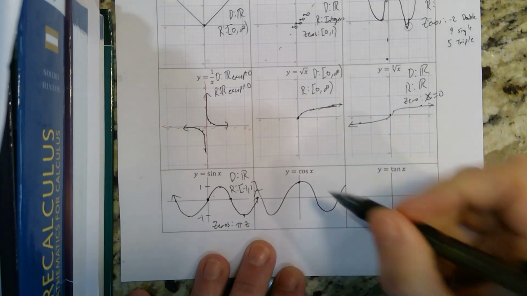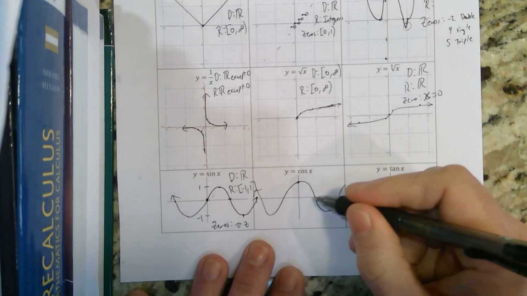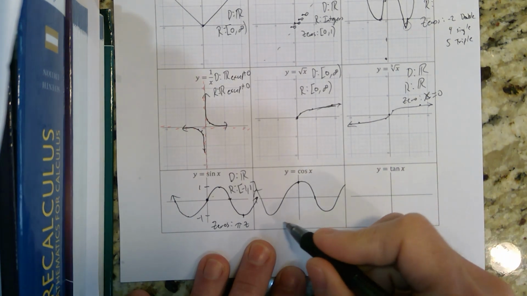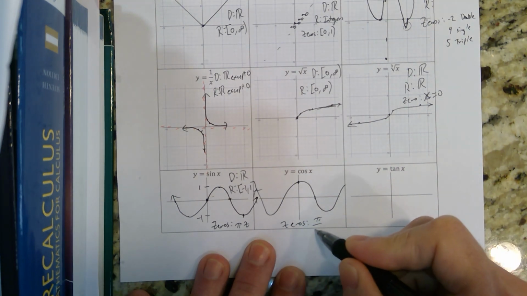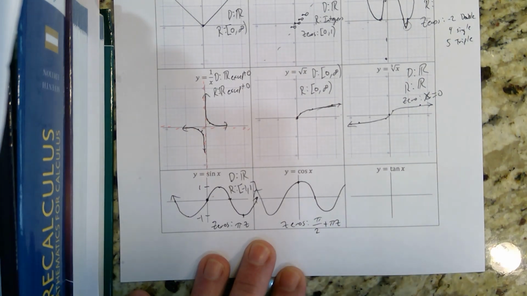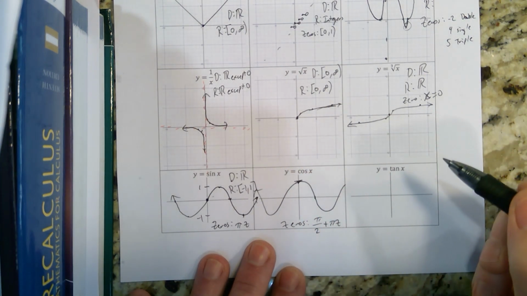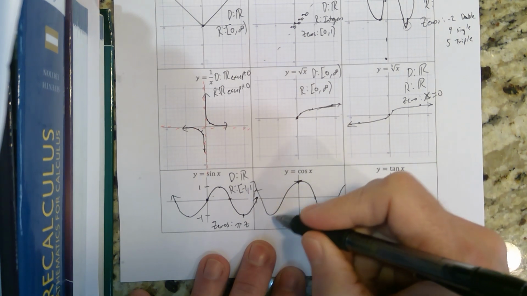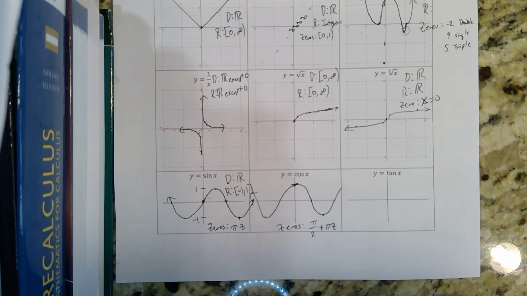Our zeros occur at pi over 2, and then every pi units from that. So our zeros here, pi over 2 plus pi z, again where z is an integer. No asymptotes, right? And again, we have max and mins, but they're all, of course, shifted by pi over 2 from where they were with sine.